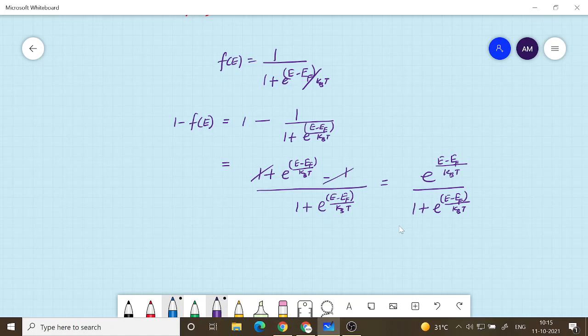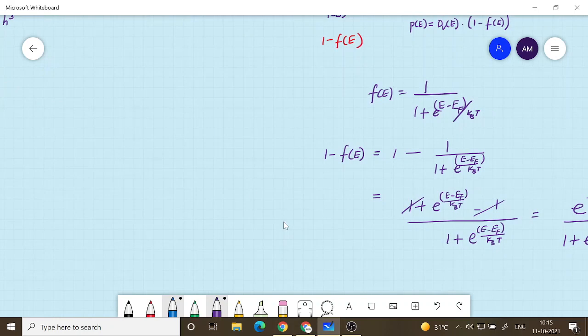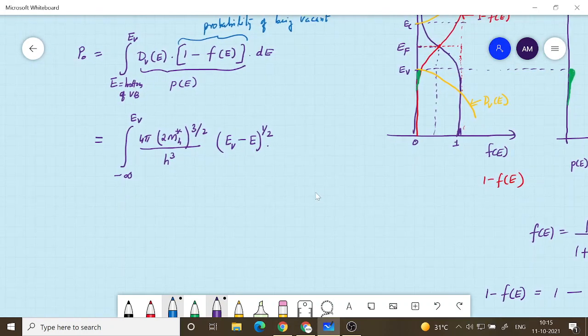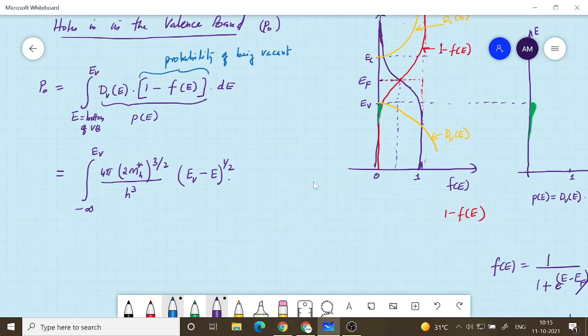Now in this case the energies that we are integrating are all below EV. EV is around half of EG below EF, so this is EG by 2, and EG by 2 is much greater than, around 21 times greater than kBT.